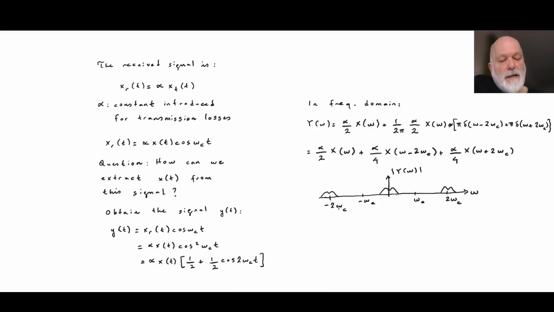We can extract x of t. So we can use an ideal low-pass filter to obtain x of t.